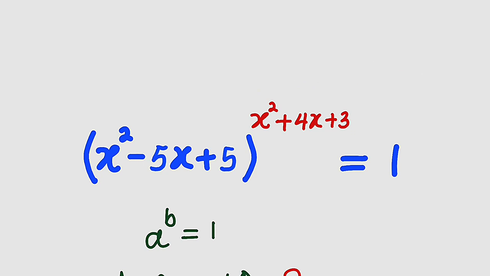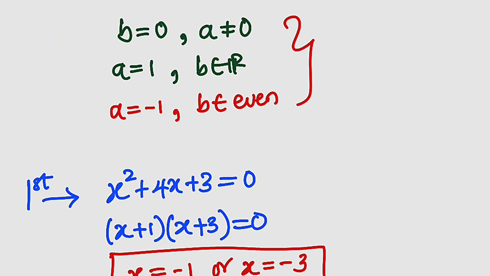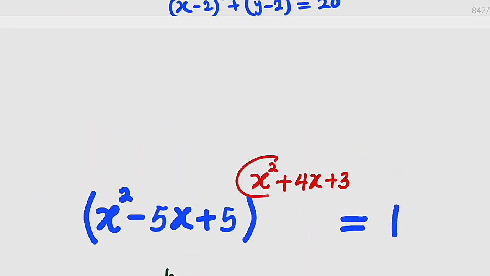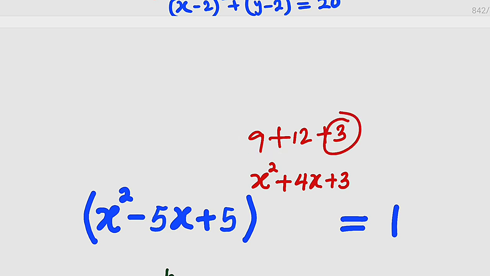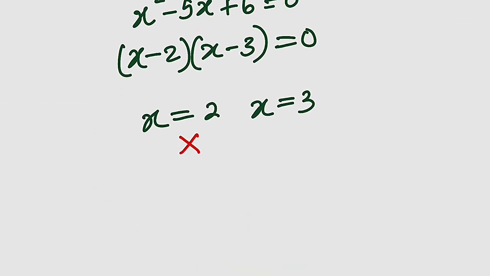We don't want it. So this is not a solution, but let us check x equal to 3. If x equals 3, we have 3 squared, 9, 4 times 3, 12, and finally we have plus 3. If you add 9 and 12, you have 21, and 21 plus 3 is 24, and 24 is definitely an even number, and hence we are going to consider this as a solution.